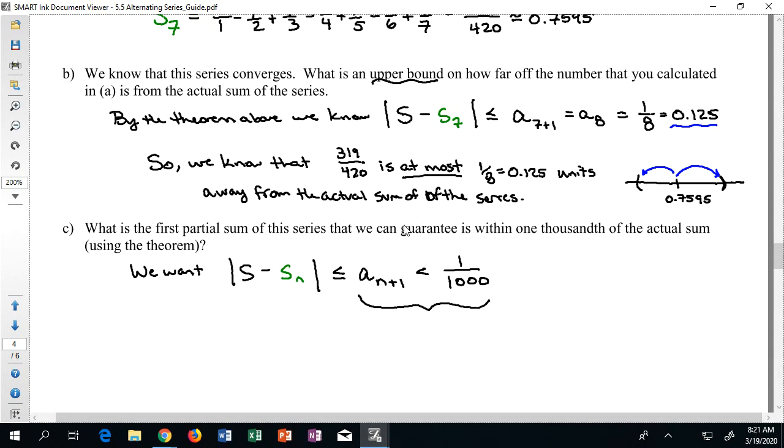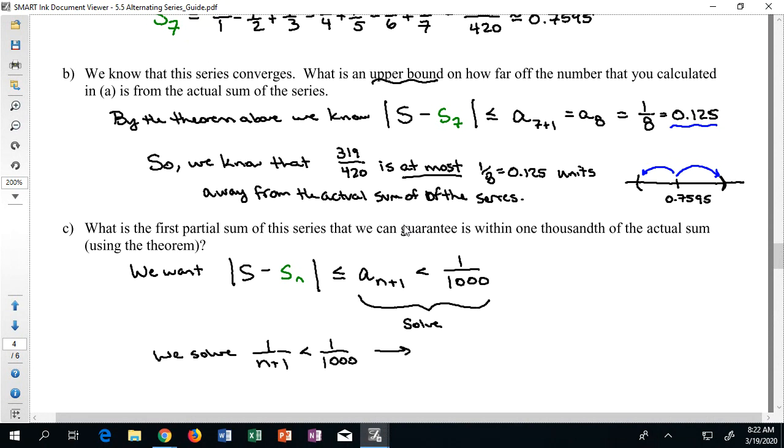Well, the cool thing is I can work right from here. So I can say that this is what we need to ultimately solve. We solve 1 over n plus 1, the number in spot n plus 1. I want that to be less than 1/1000th.